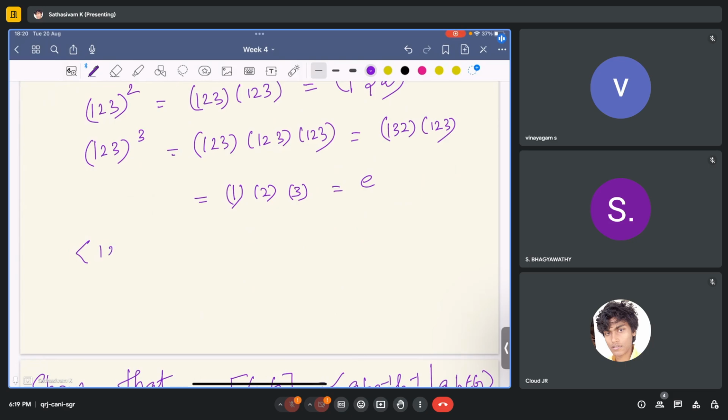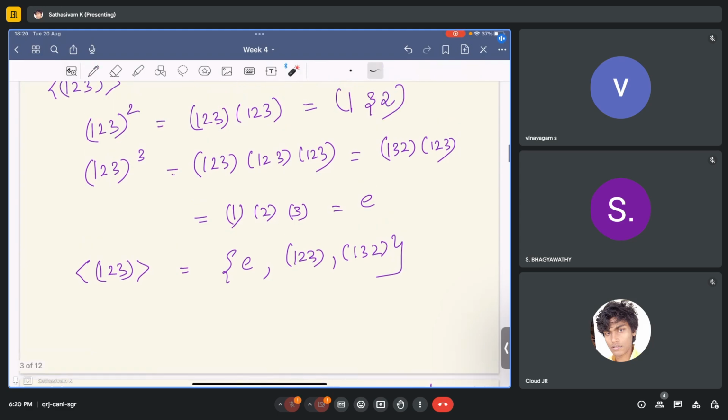The subgroup generated by (1 2 3) is nothing but {e, (1 2 3), (1 3 2)}. You can see this is a cyclic group, and it is isomorphic to Z3, because this to the power 3 is the identity. So this is Z3.